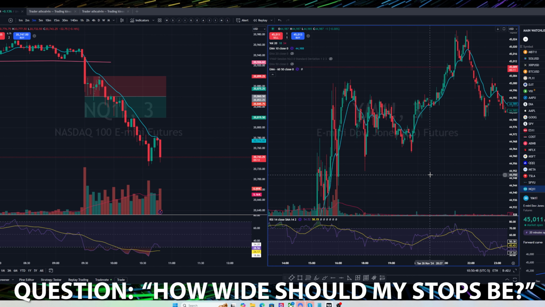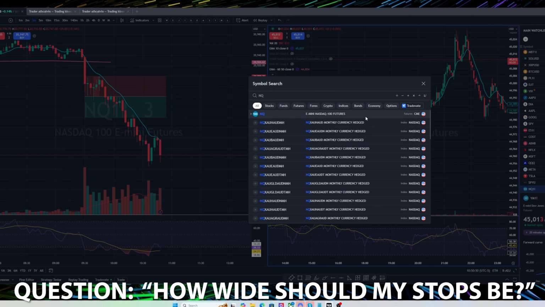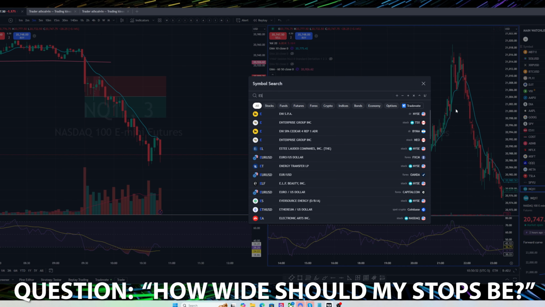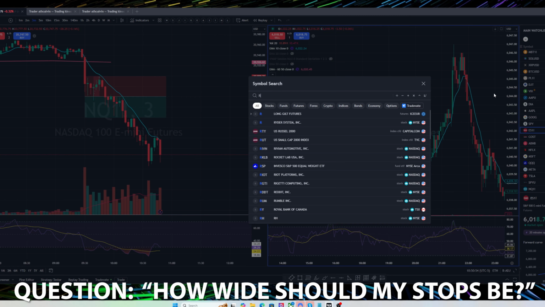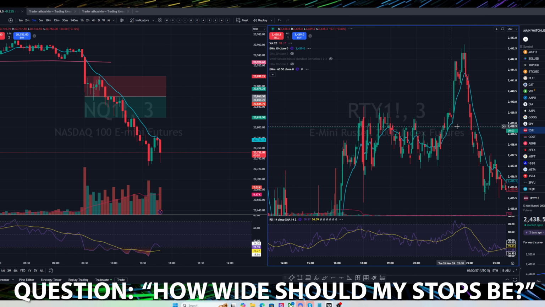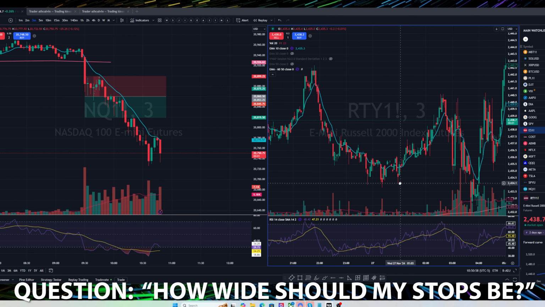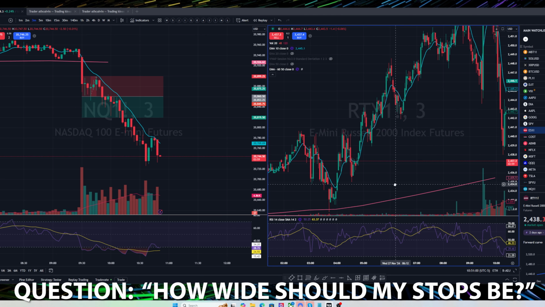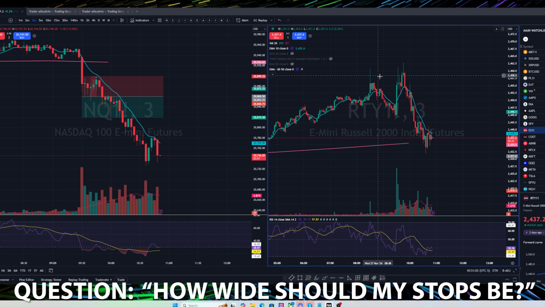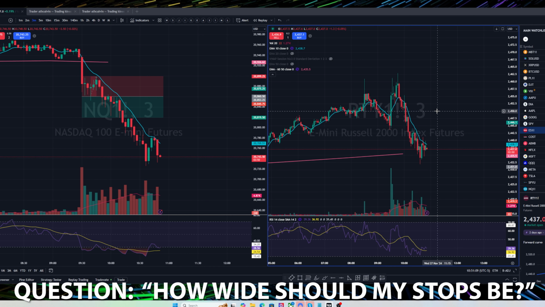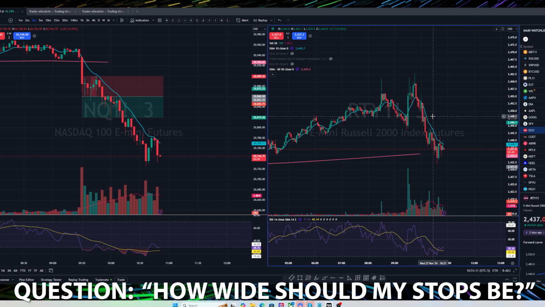So it makes sense why it'd be the widest, versus NQ is only trading at 21,000, and ES is trading at 6,000. And then RTY is a lot smaller. It's trading at 2,500, but it still moves the same points as ES for some reason. Probably just because it's more volatile, because it's all mid caps, small caps. I don't know a ton about the Russell 2000, to be honest. I don't trade it very often, but that's just kind of what I've noticed.